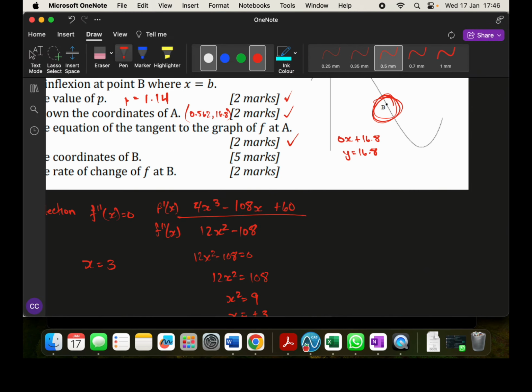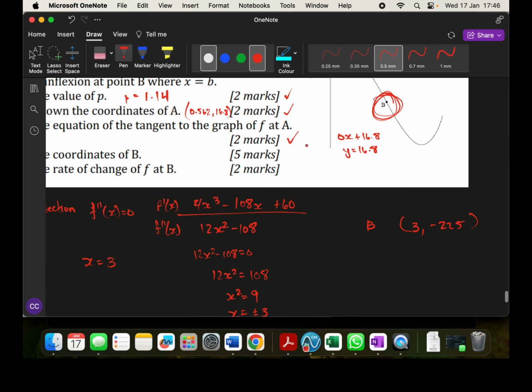So I know that B, for some reason my iPad is not updating. So that point B is at 3, -225. So now I've got a point on the line. I just have to evaluate the first derivative at 3. I'll know the slope of the line, and then I can solve for that.